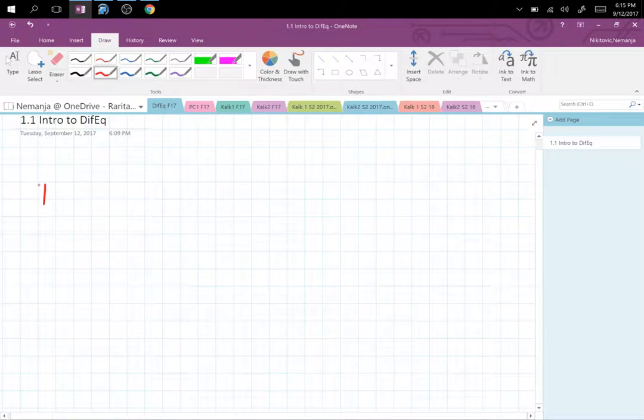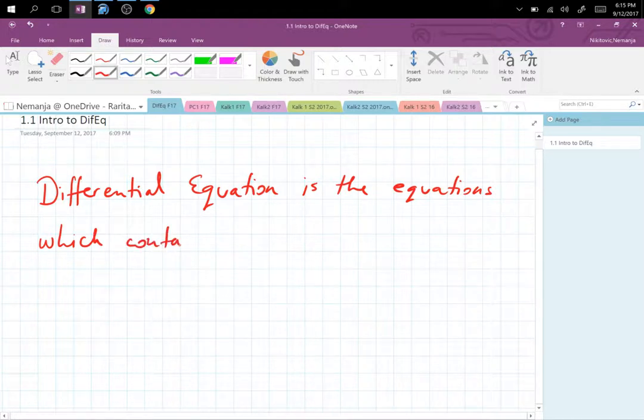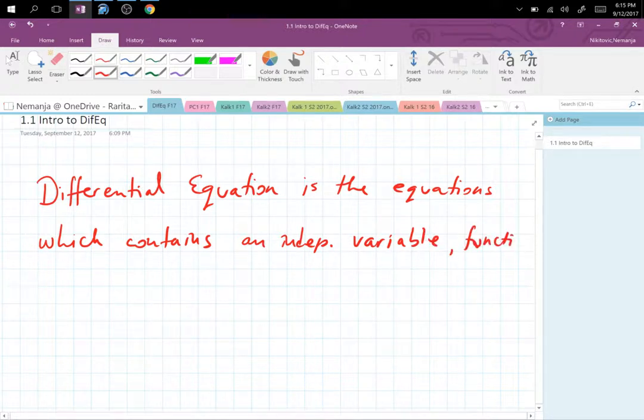So, differential equation is the equation which contains an independent variable, function, and its derivatives.